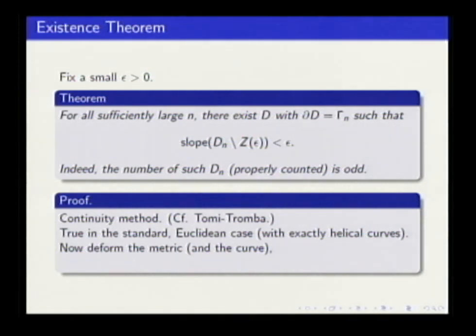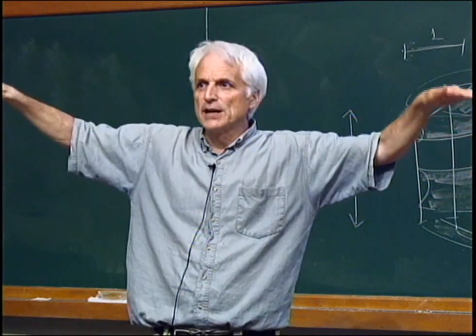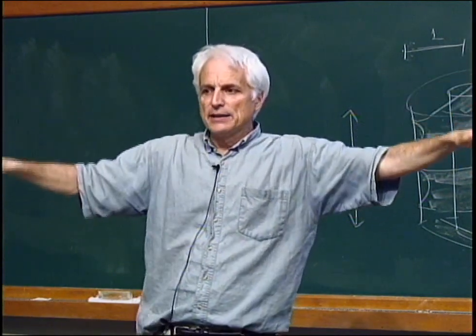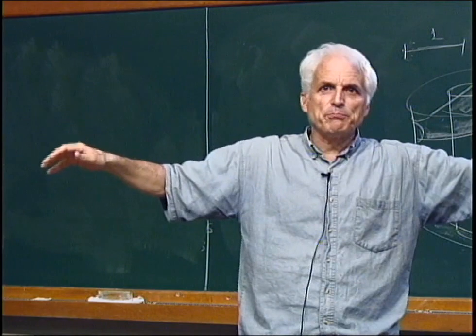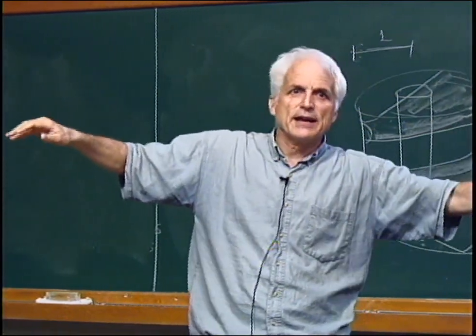So how do you do that? It's not enough to show the oddness of the total number of disks is preserved. We have to show the oddness of the set of good minimal disks is preserved. But that's okay because of the dichotomy theorem. We start off with these good disks, these helicoid-like things, and we have the bad ones. Now we modify the metric and follow these along, and we might have some pairs coming together and canceling out.